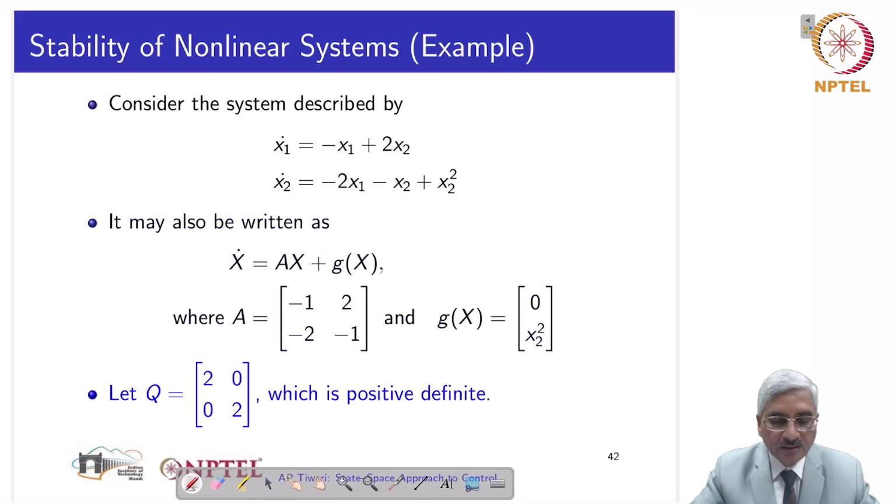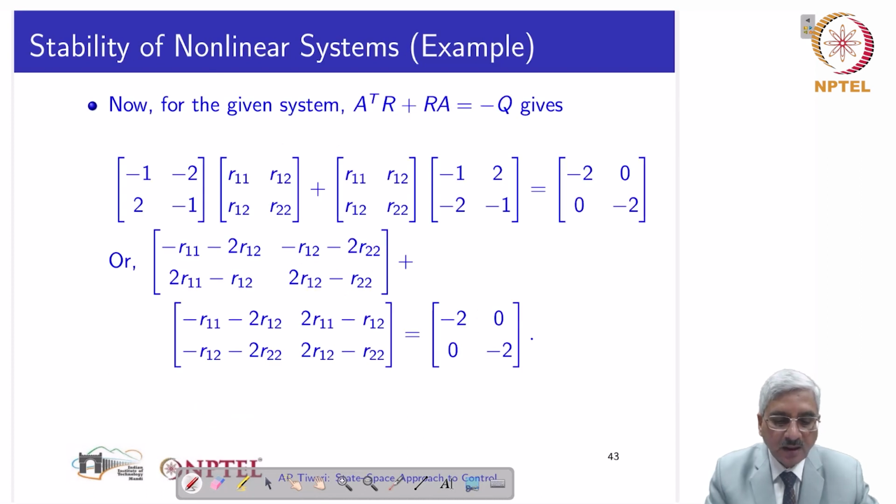And now we select a Q and find out whether in x transpose Rx, by setting up the equation A transpose R plus RA equal to minus Q, we get R as positive definite.